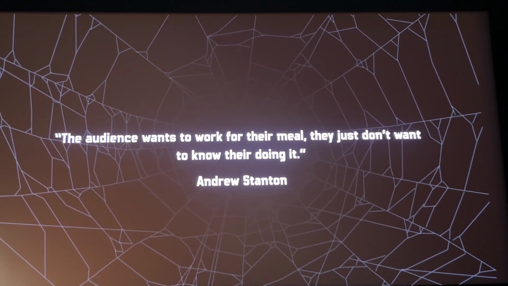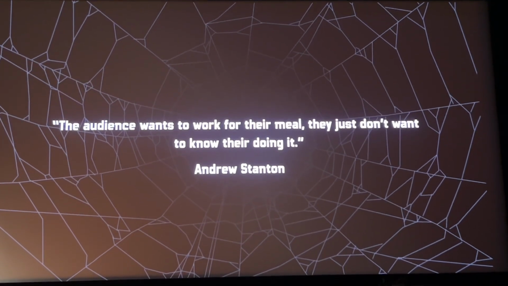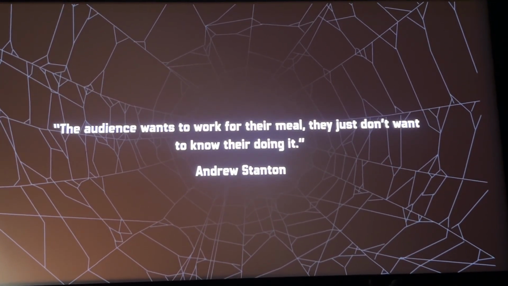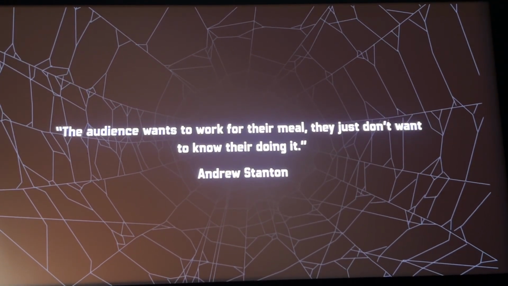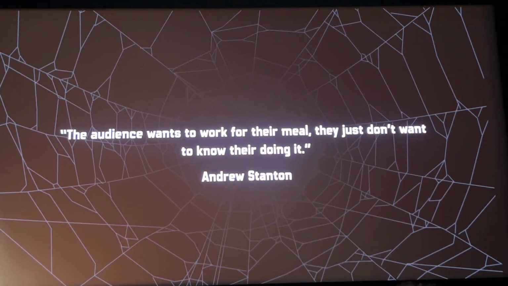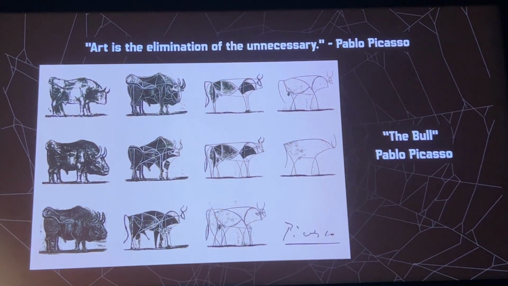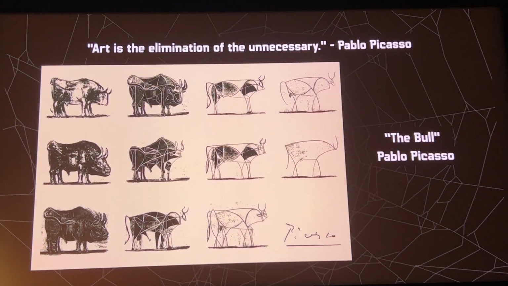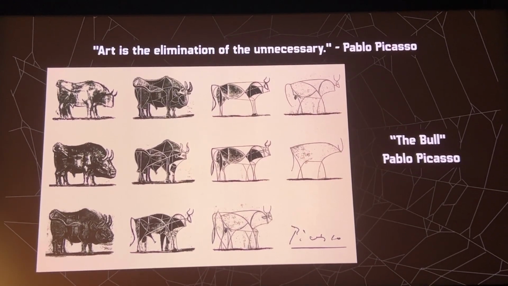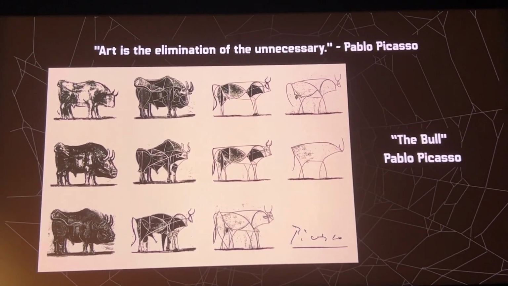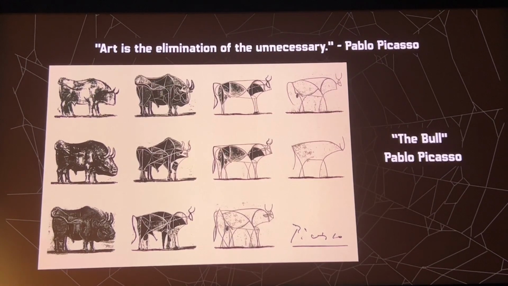I was thinking about this when I was watching it. This idea of reducing information in order to increase audience engagement is something you can apply to a lot of areas in art, right? One of them would be visual design. It's something artists have been doing for a really long time, but intuitively.